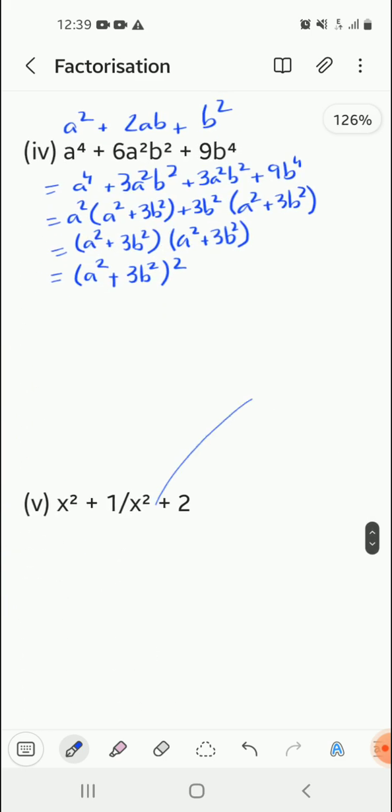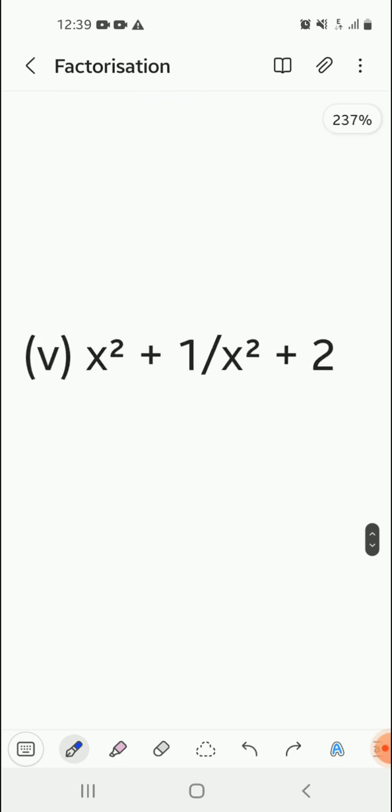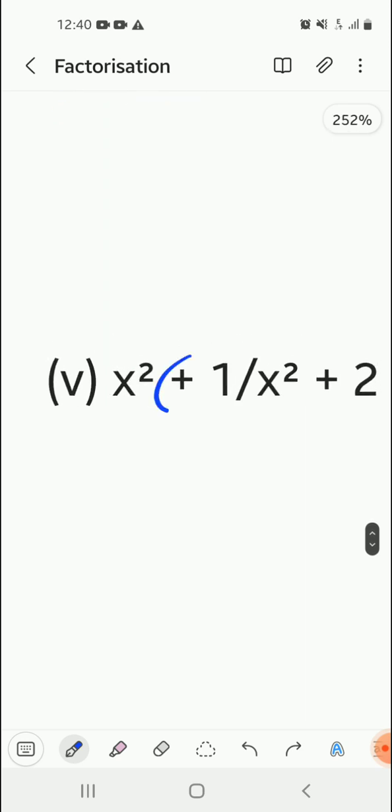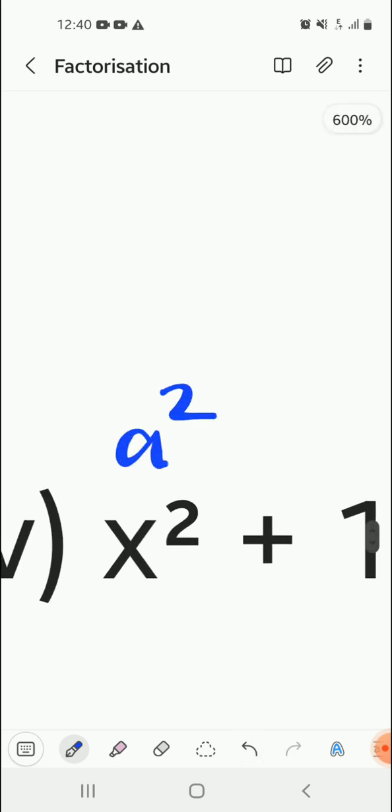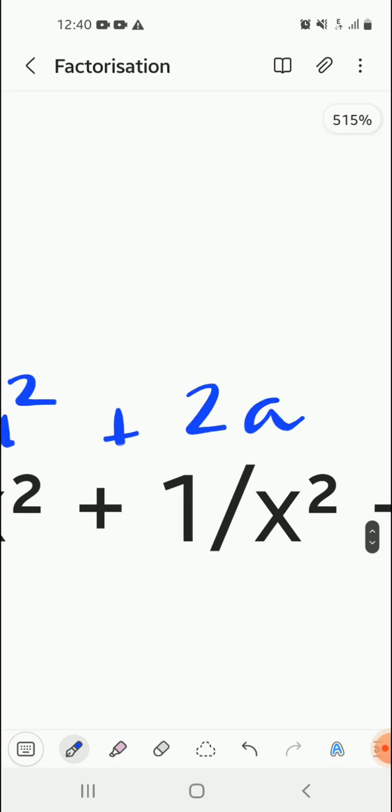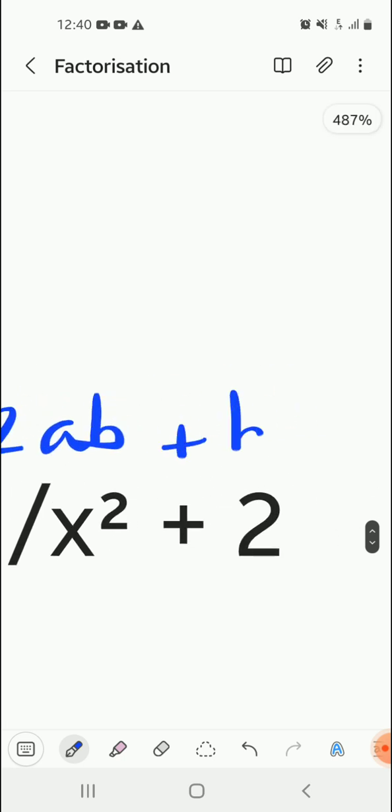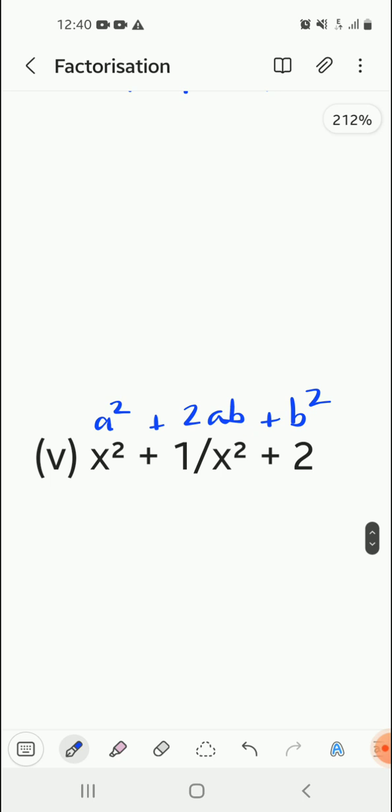Moving on, number 5. Observe the symbols. It is probably the a plus b whole square formula because they are all plus signs. So this is the a square plus 2ab plus b square formula.